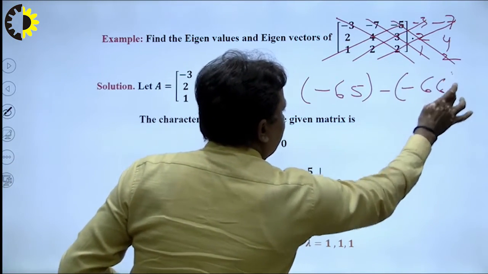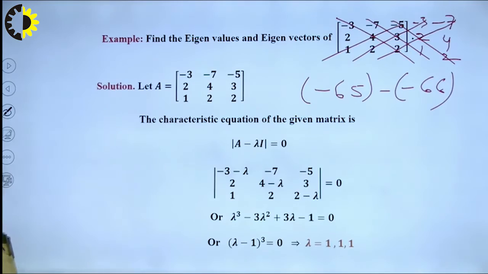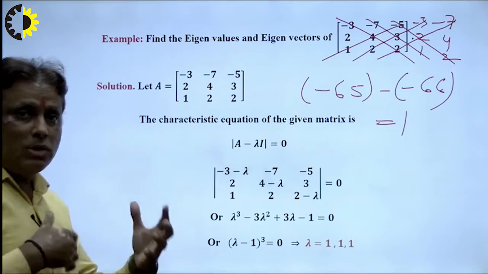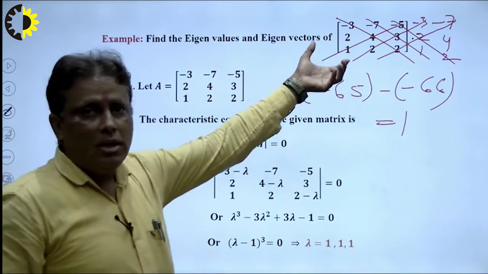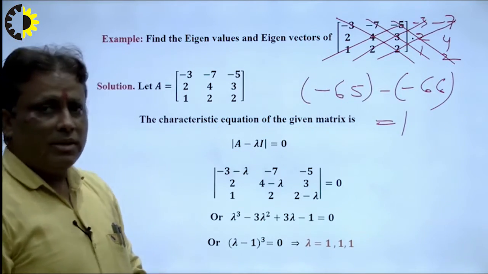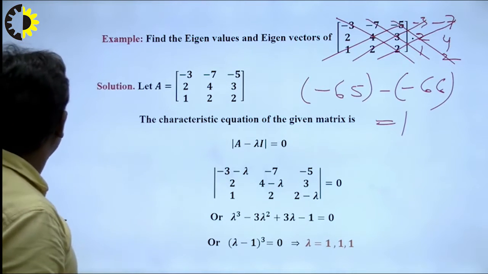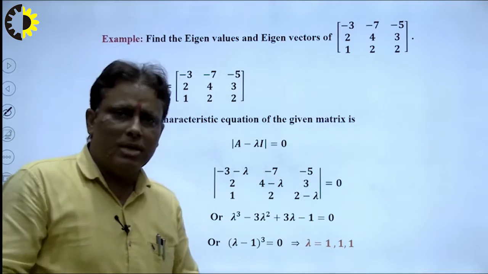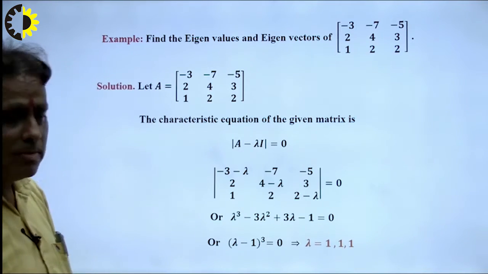So the result will be minus 65 minus minus, plus 65, so the determinant of this square matrix is 1. With practice, students can obtain it in 10 to 15 seconds only. In this way we can find the determinant of any square matrix, 4 by 4 or 5 by 5, by this method.